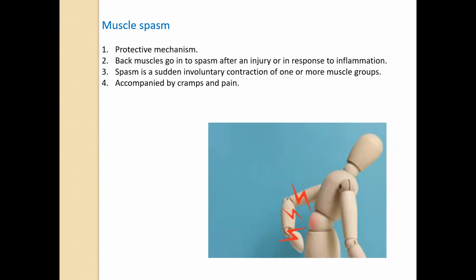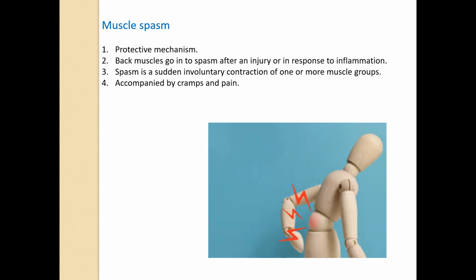A spasm is a sudden involuntary contraction of one or more muscle groups. This sudden involuntary contraction will be accompanied by cramps and pains. These muscle spasms can also occur with exercises and other things.